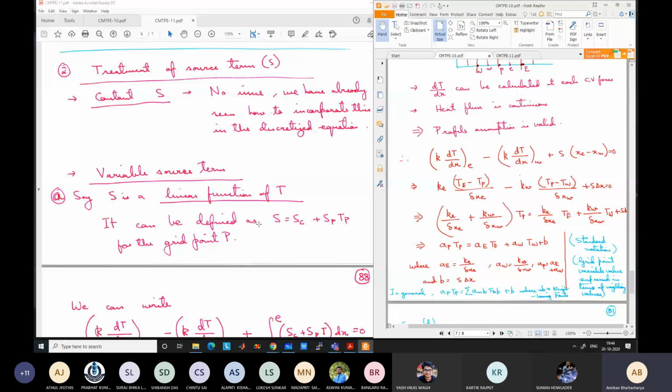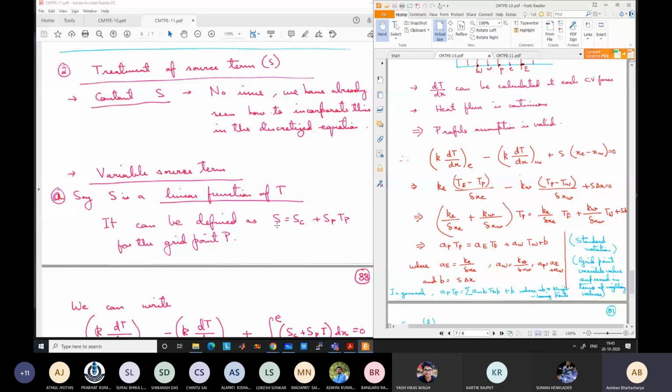So either it can be a linear function of T, or it can be a non-linear function of T. Non-linear means, say, it varies as T to the power 4, like in a radiation problem. Linear means it varies as T, like in a convection problem. If it is a linear function, what we need to do is divide this source term into two parts. One is the constant, typically called SC.